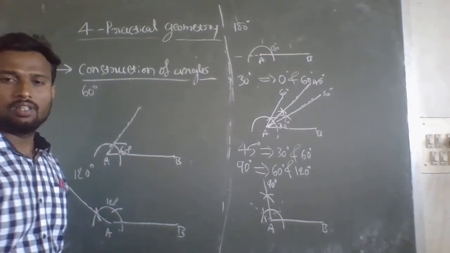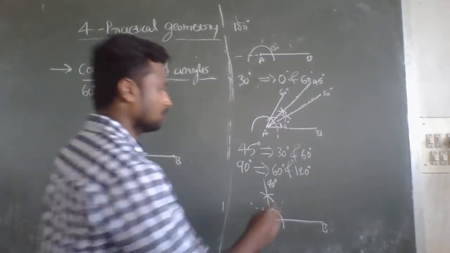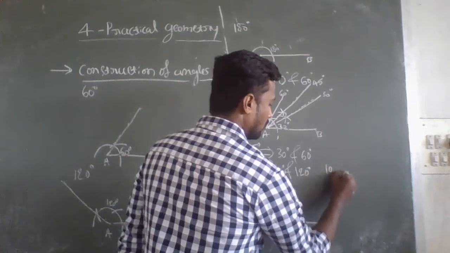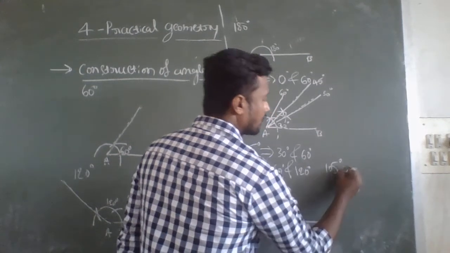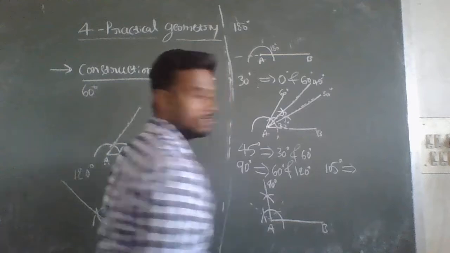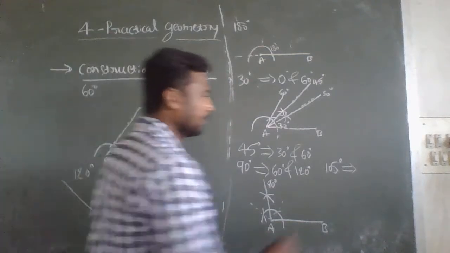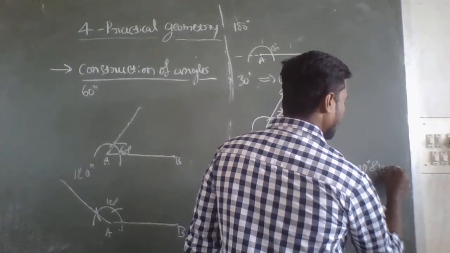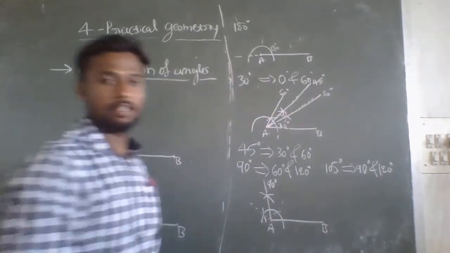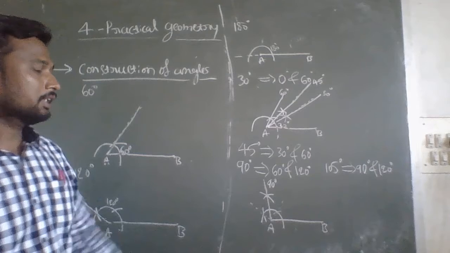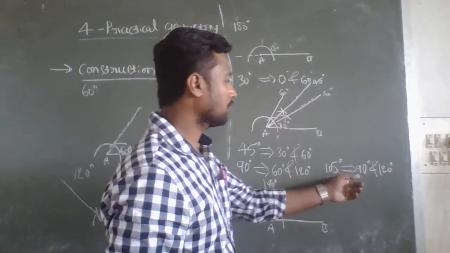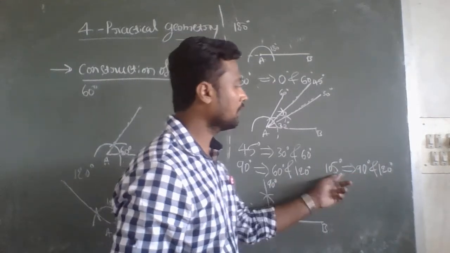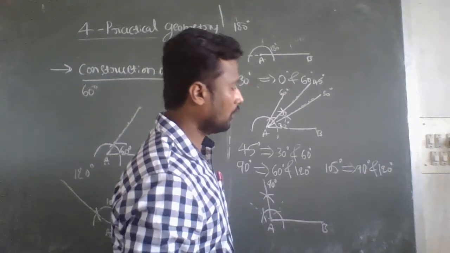The next one 105 degree. So here we will construct 105 degree, which is between 90 degree and 120 degree. So here 105 is 15 more than 90 and 15 less than 120.